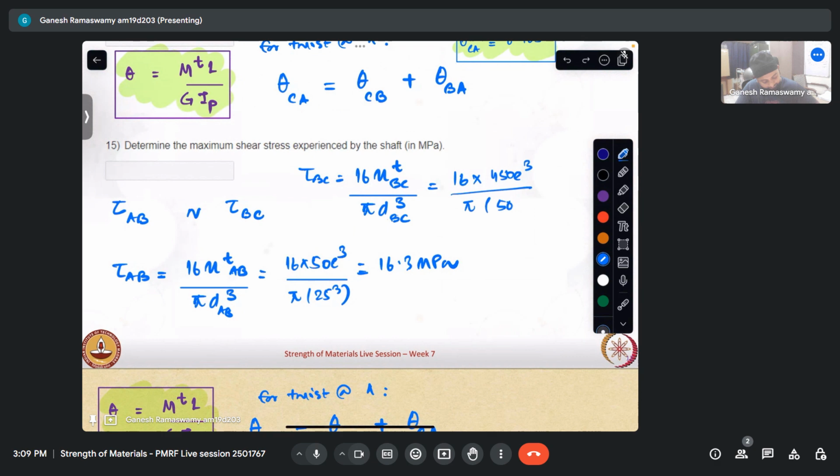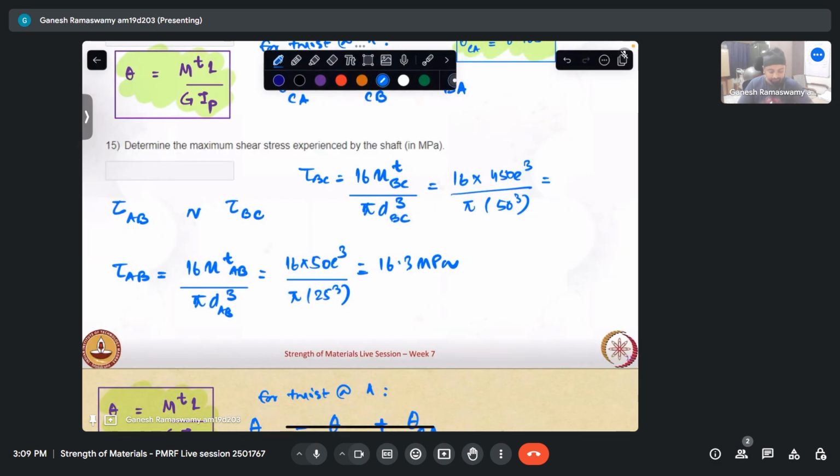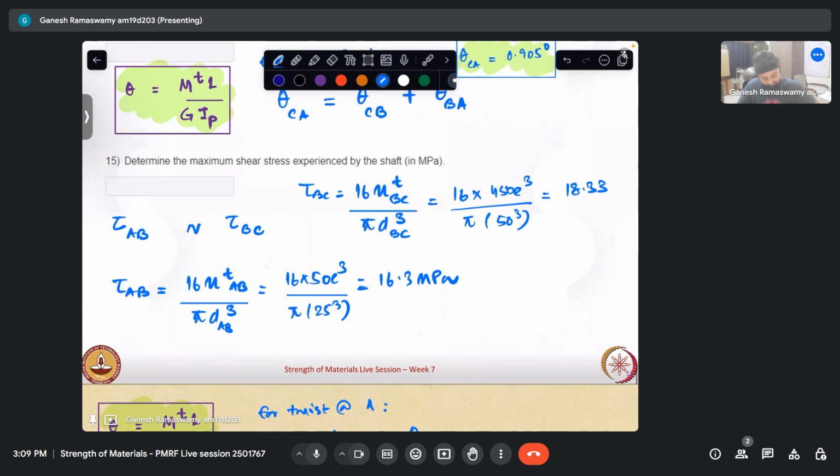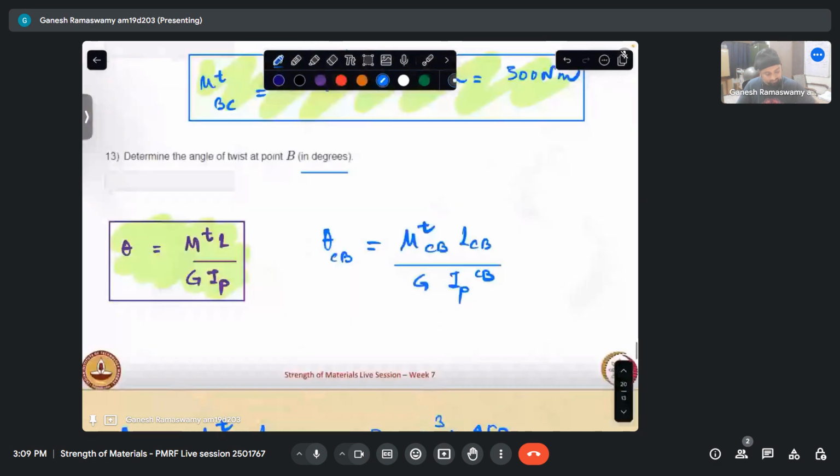So this comes out to be 16 T by pi D cubed. So this is 18.33 MPa.